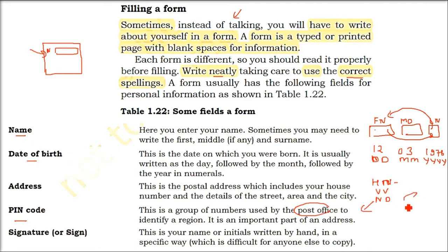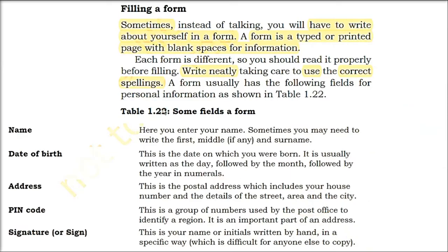This PIN code is used by the post office to find out which region you are in. So PIN code is the exact pinpointing of the region where you live. This is also called zip code in many countries. It's a combination of words and letters. Finally, you have to write your signature.